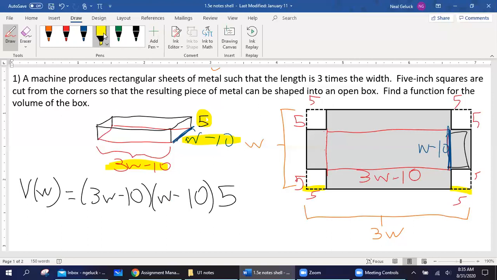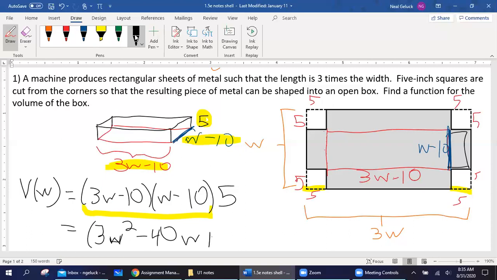So if I FOIL those together, that's going to give me, if you multiply it all together, combine like terms, 3W squared, let's see, minus 40W plus 100. And then everybody still needs to get multiplied by 5.